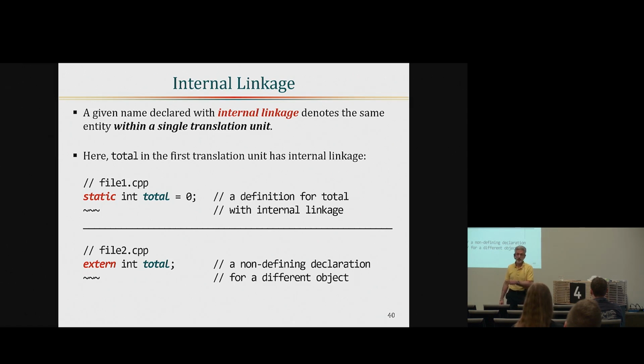That's not just a declaration, that's a definition for total with internal linkage. And in the other file, you have a non-defining declaration with external linkage. And that says, hey, I don't have any storage. I need it from somewhere else, but it can't get it from file 1. File 1 does not have external linkage. The linker can't make these things become one.